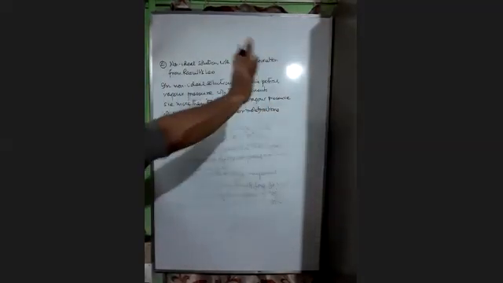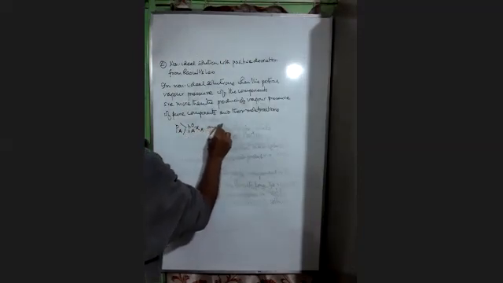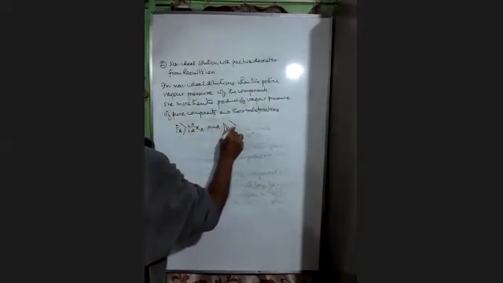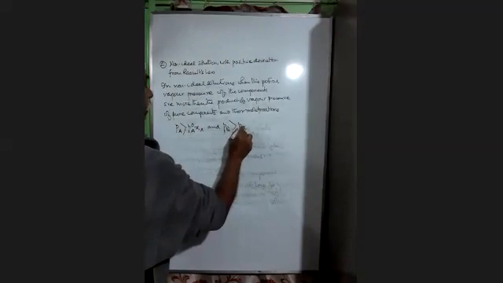Don't get scared by so many words. I'll write it in just one equation. It is PA is greater than PA0 chi A and PB is greater than PB0 chi B.